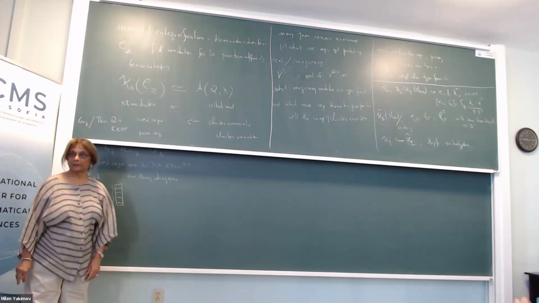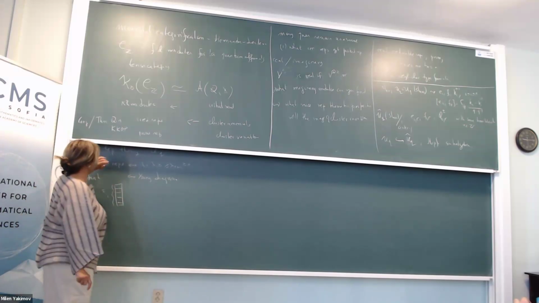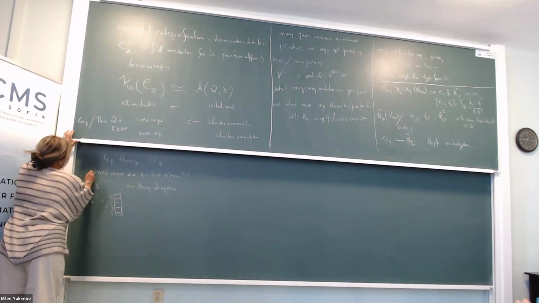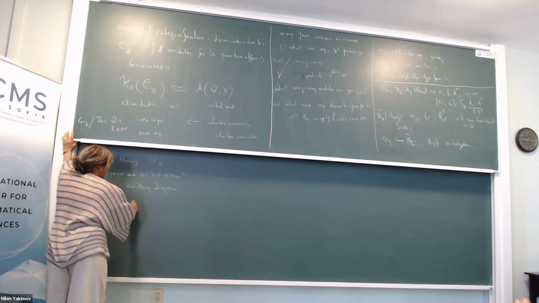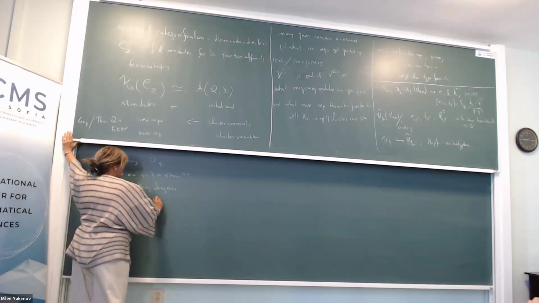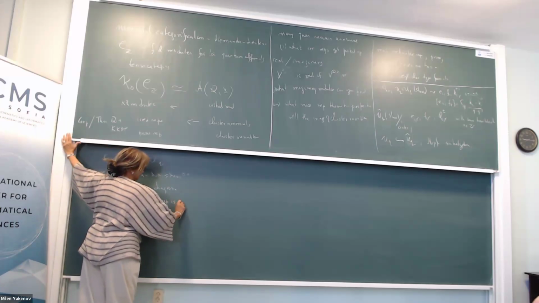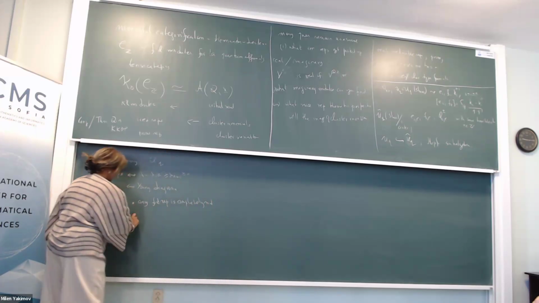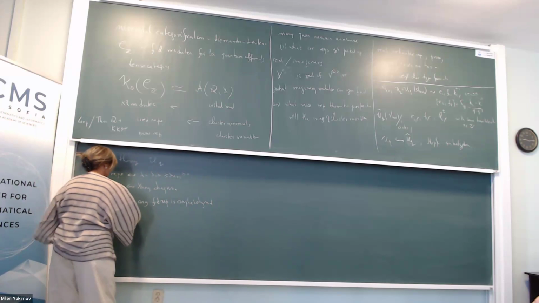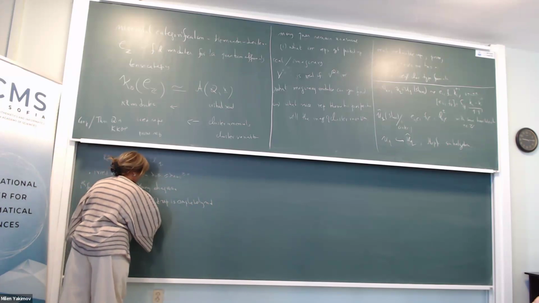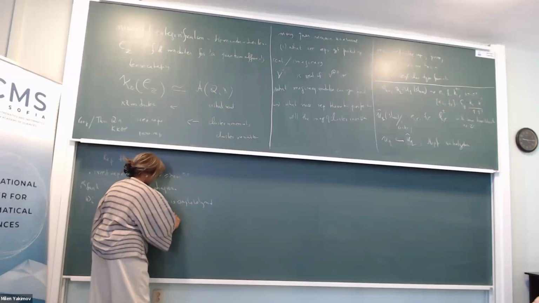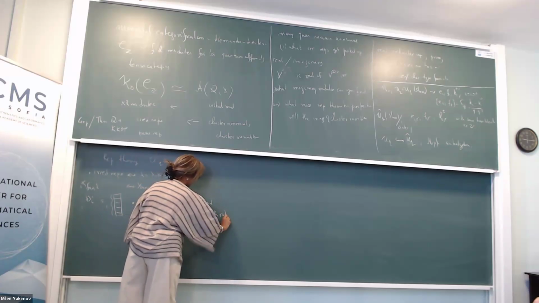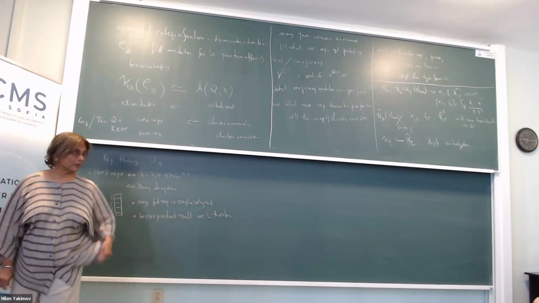I'm not sure how far down I'm allowed to write. Any finite dimensional representation is completely reducible, so this is a semi-simple category. And the third property is that tensor products are given by the Littlewood-Richardson rule. So this is all well known.